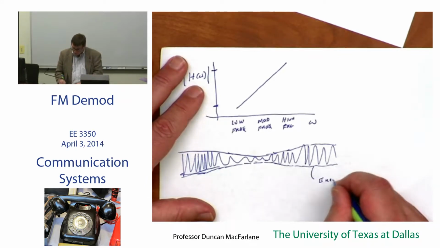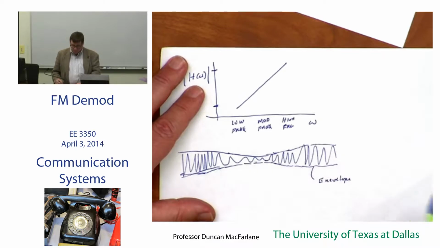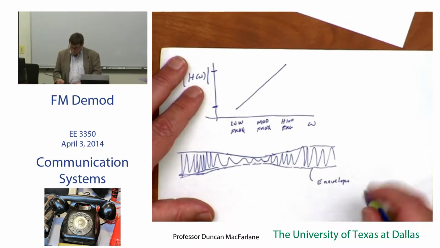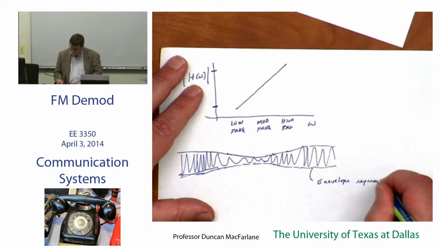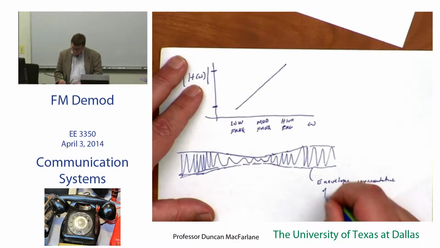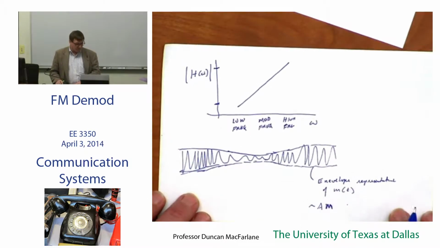Has an envelope, and this envelope appears to be representative of something about M of t. And I'll even go so far as to say that this signal looks something like an amplitude modulated signal. So it's similar now to an amplitude modulated signal.